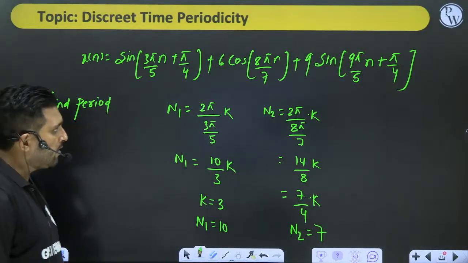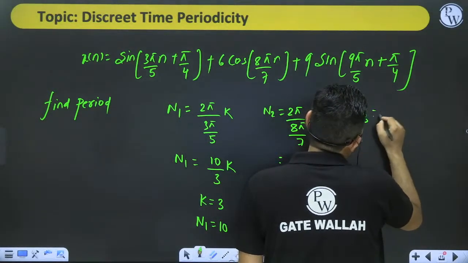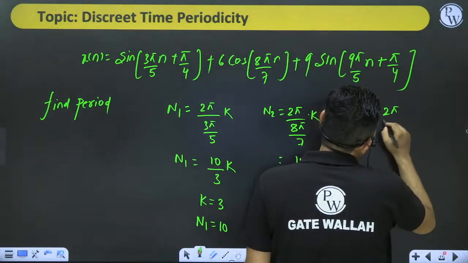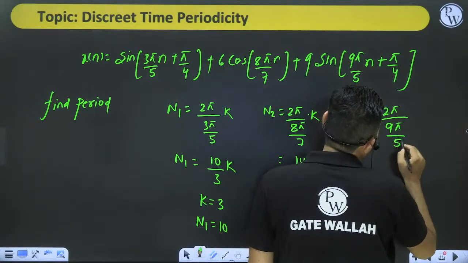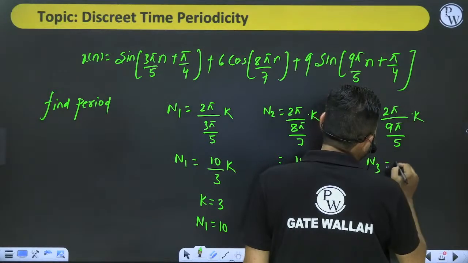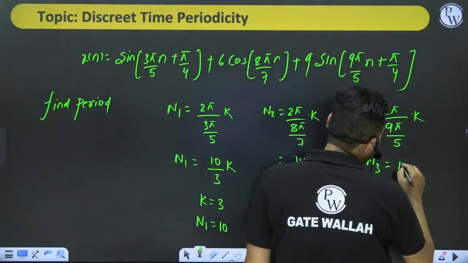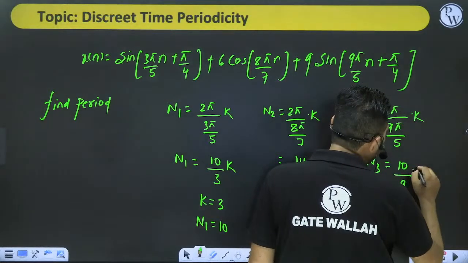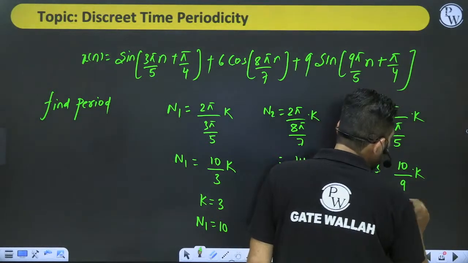Similarly here N3 is 2 pi by 9 pi by 5 into k, and N3 is 10 by 9 into k, and N3 again is 10.